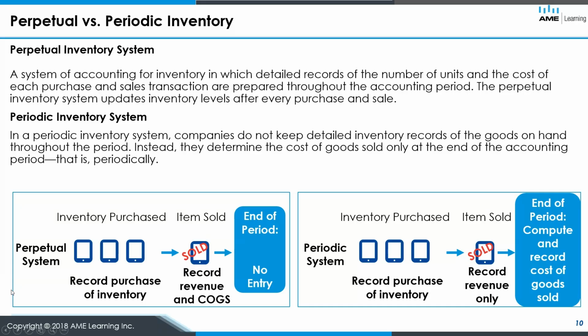And as you can imagine, it's much more ideal to have an ongoing updated system, and the periodic system is really just because the company doesn't have the ability operationally to keep those detailed records, so it's kind of a necessity to use this system.